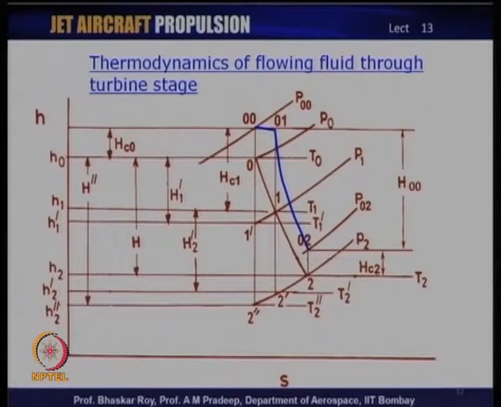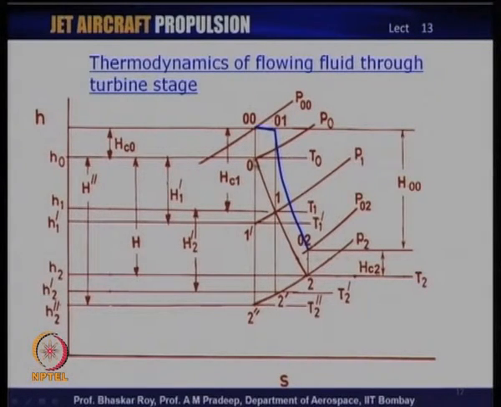So, this actually shows the flowing fluid through the whole turbine stage, and it shows that the flow, now we have 3 stations, let us say station 00, then station 01 and station 02. 00 is where the flow is entering the turbine, and it has a kinetic energy head given by HC0, let us say, and then across the stator it acquires a large kinetic head given by HC1, and so 01 is over here and 1 is down here.